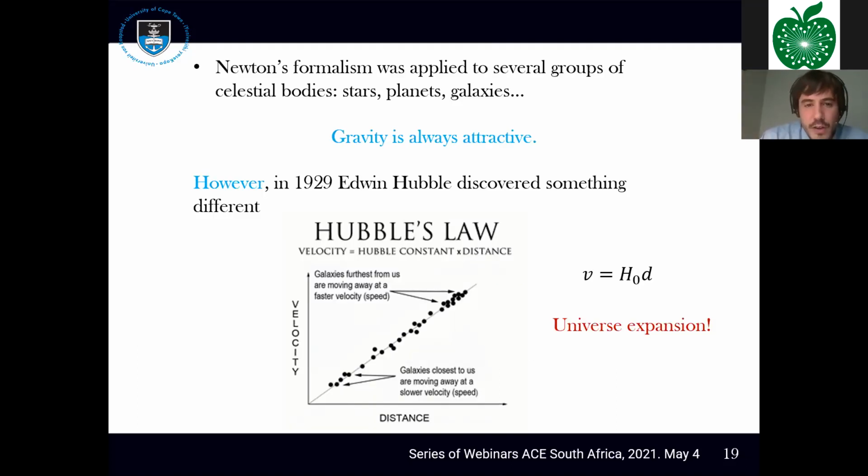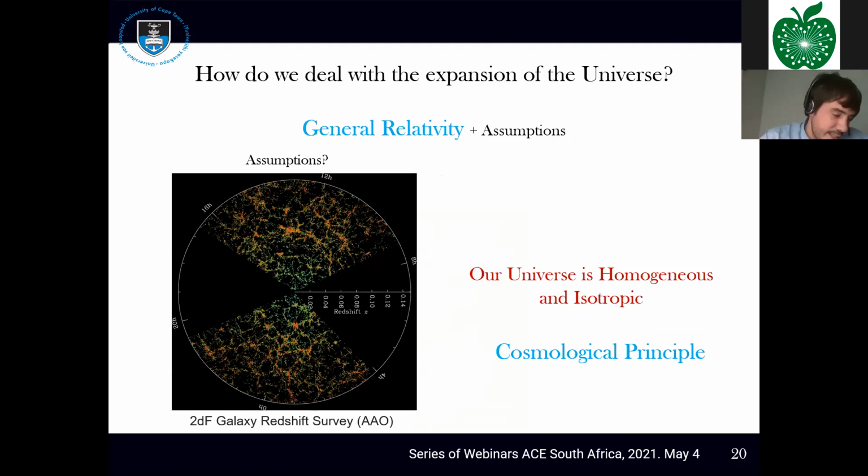The discovery by Edwin Hubble was in 1929, so we can take general relativity, which at this time had been developed, and set that our universe is expanding.